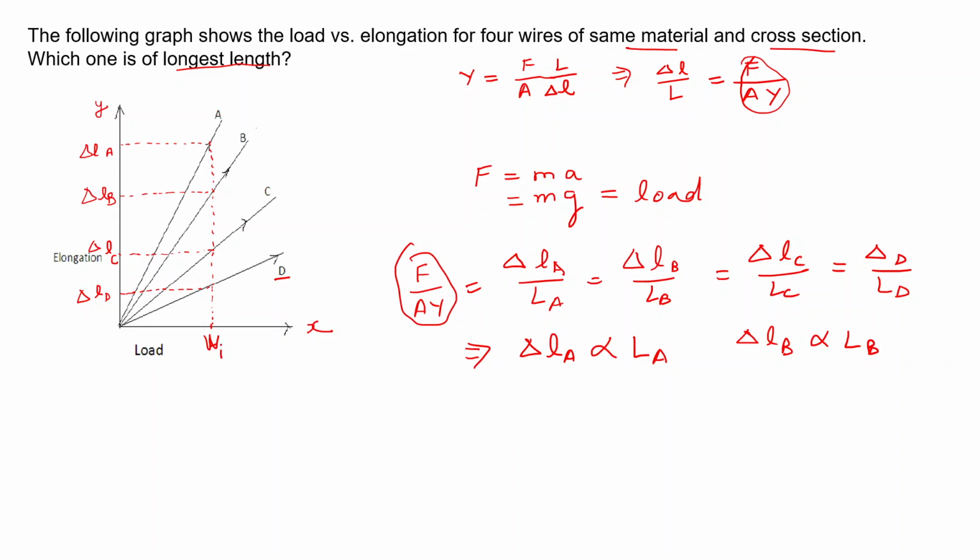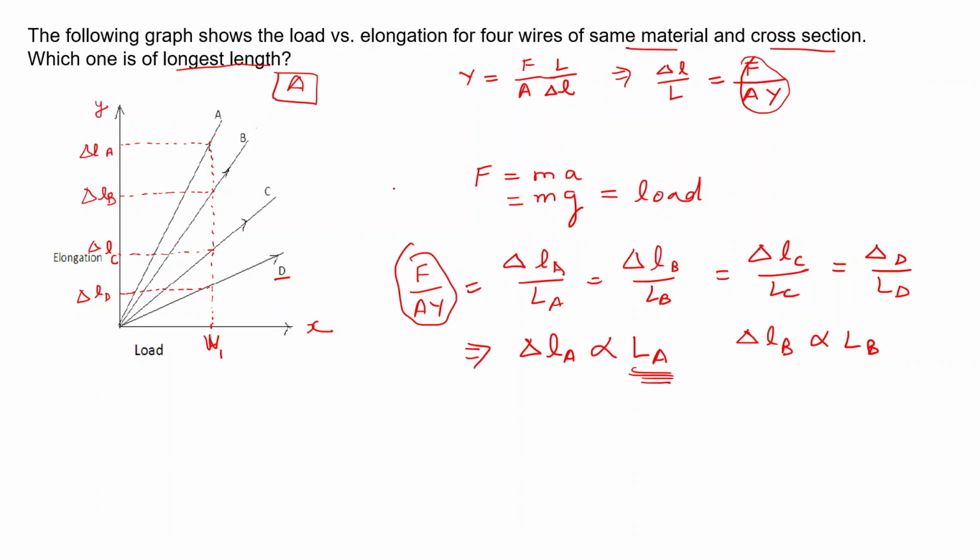So we see that for a particular value of weight, the maximum change or maximum elongation happens in wire A, and since the change is proportional to the original length, we have been asked which one is of longest length, so we see that the maximum change is happening in wire A. That means the maximum length is also of wire A. So wire A has the longest length here. I hope you understood this.